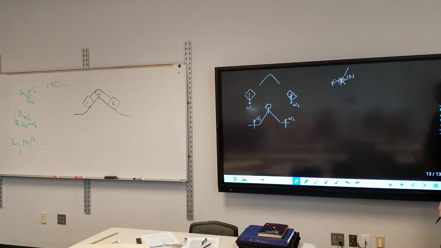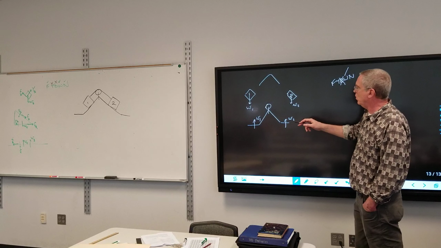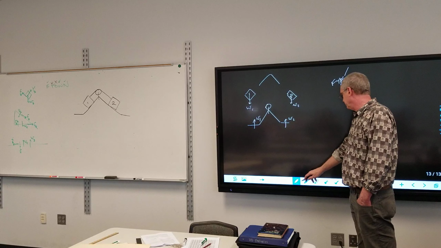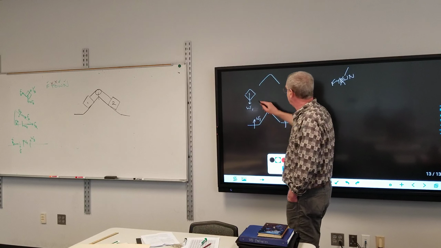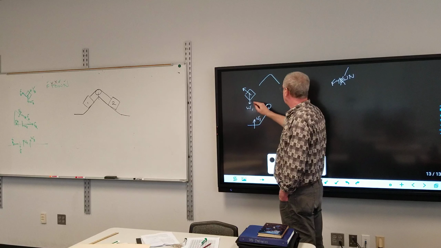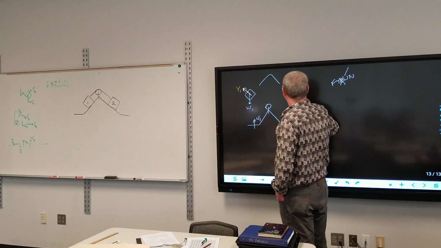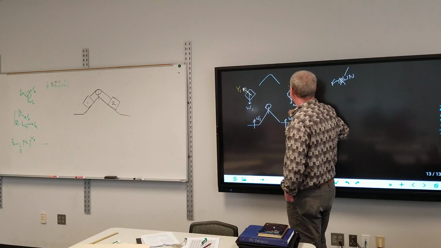Normal force. Unless someone has a dying, burning desire to do tension. I assume the burning desire is for normal force. Up and left on 1, up and right on 2. Not the same: up and left on 1, up and right on 2.